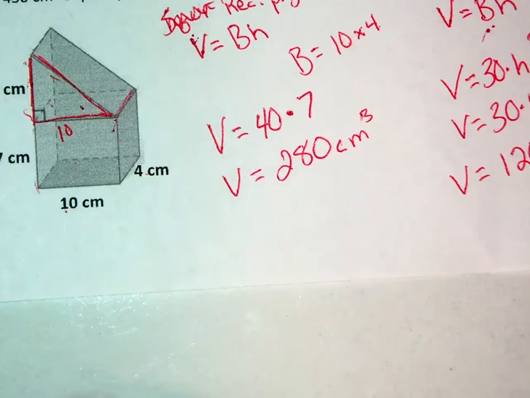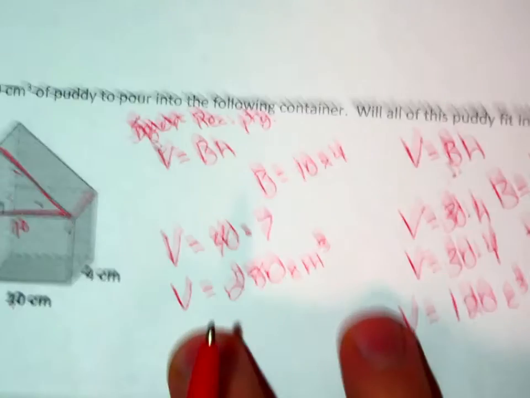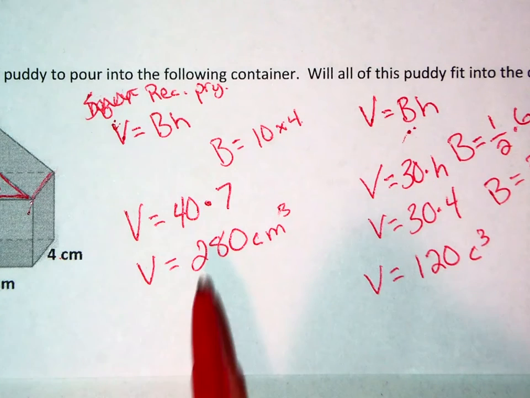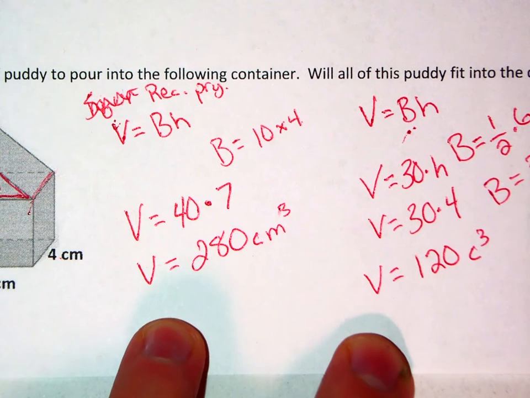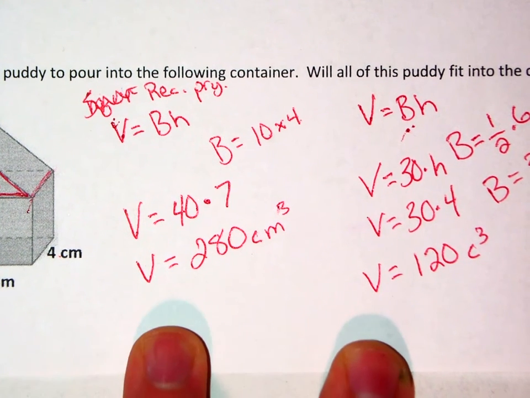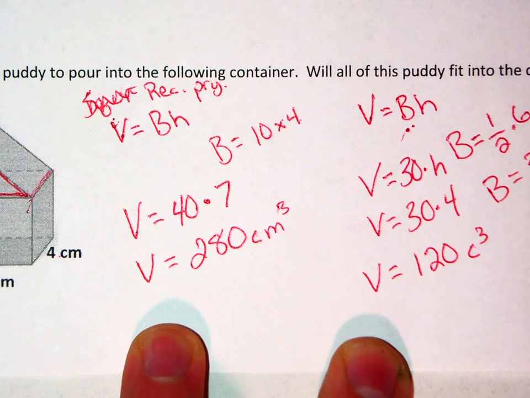So the two volumes I've ended up with are V equals 280 centimeters cubed and V equals 120 centimeters cubed, and that gives me a total volume of 400 centimeters cubed.